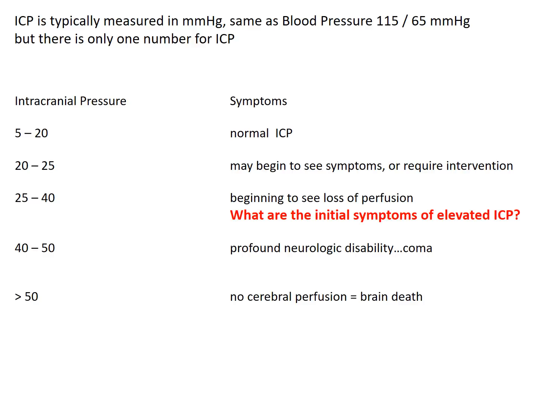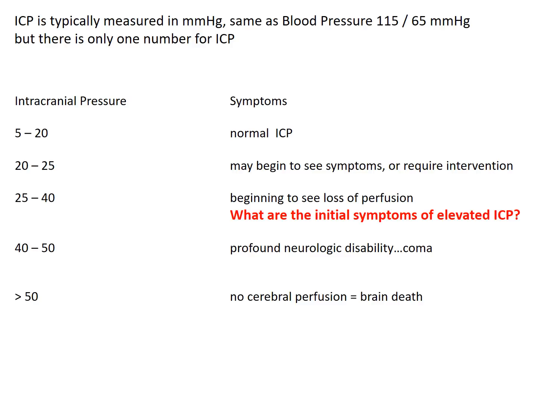So we're going to cover these in detail, but think for a second here, what do you think are the initial symptoms of elevated intracranial pressure? Headache, nausea, vomiting, visual changes. Hopefully you've all said that. We'll get to that in more detail. And again, the higher the pressure, the more profound is going to be the neurologic disability. And eventually that pressure will get so high that it's going to be higher than the mean arterial pressure.